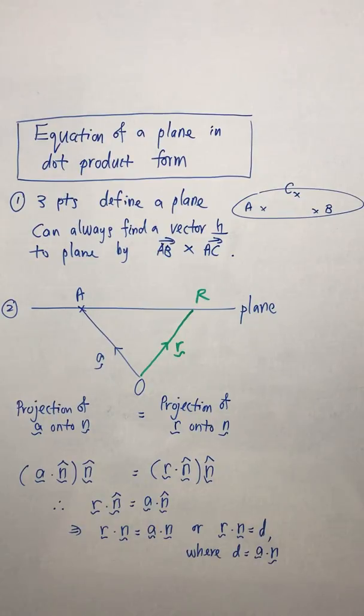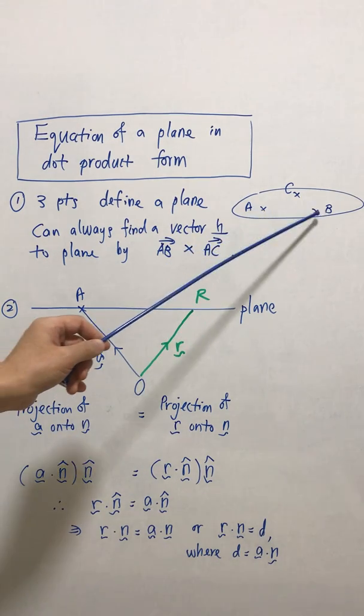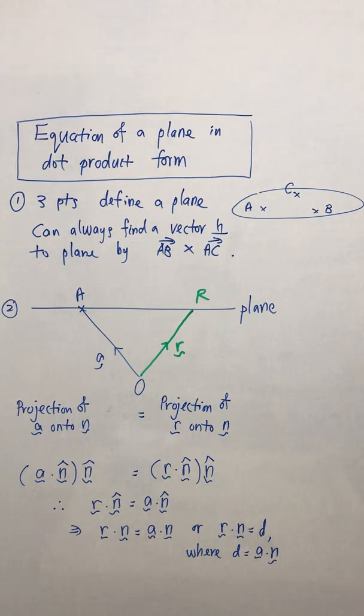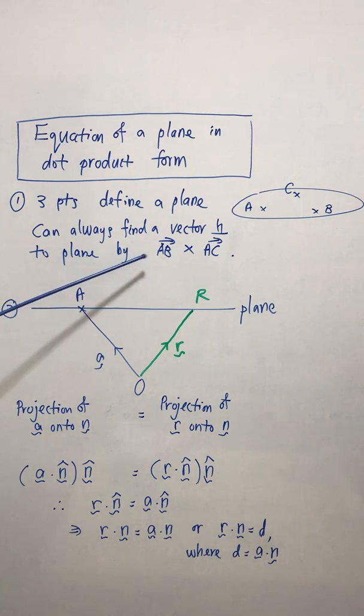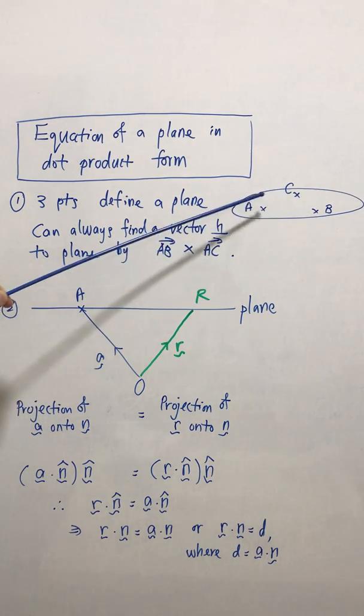As I've discussed also in class, 3 points will be enough to define a plane. If you have 3 points on the plane, you can always find a vector that is perpendicular to the plane by taking the cross product of AB cross AC.